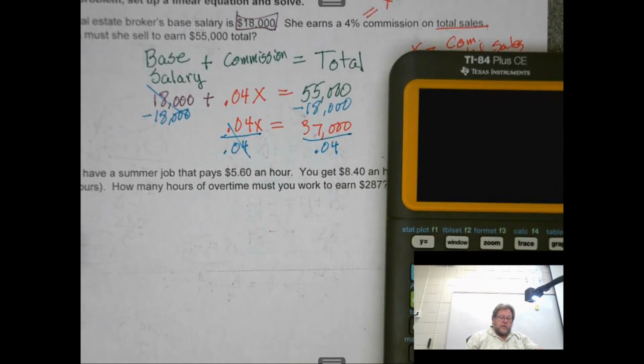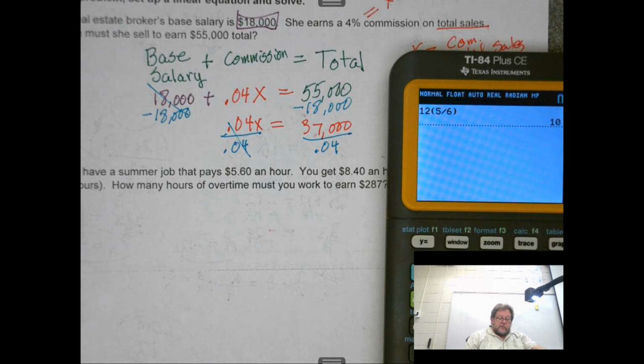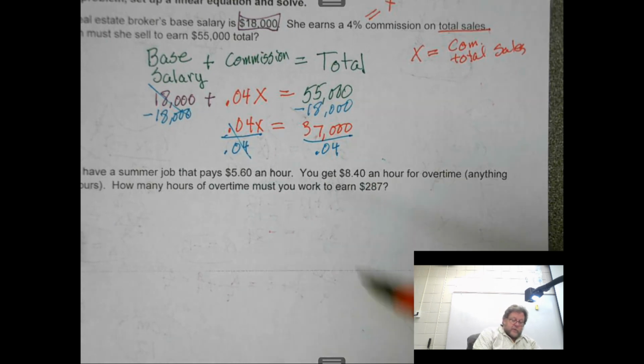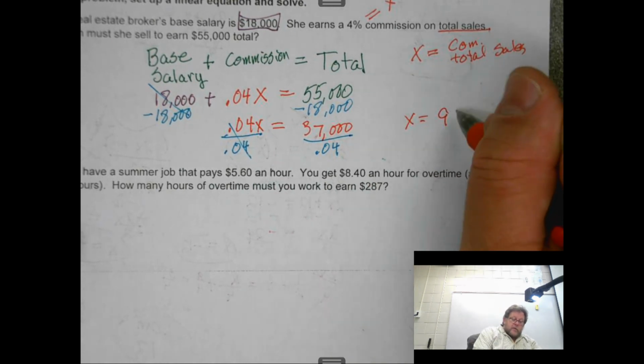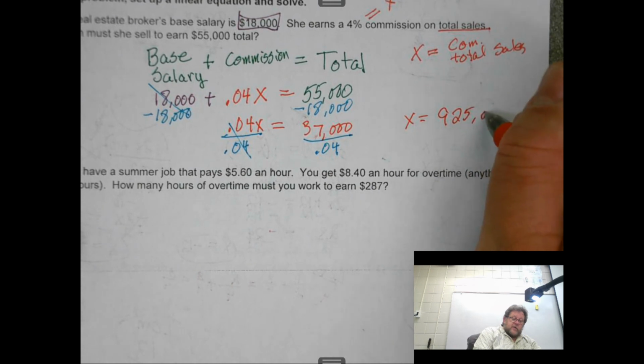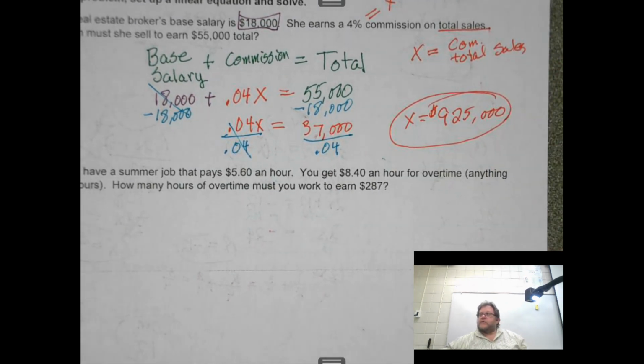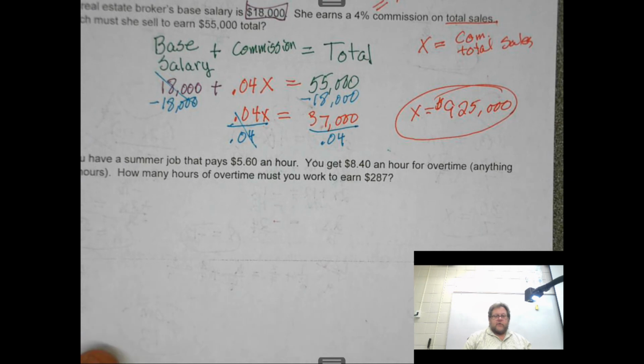And the last one, you have a summer job that pays $5.60 an hour. You get $8.40 an hour for overtime, anything over 40. So how many hours of overtime must you work? So let's do another verbal model. Your regular hours plus your overtime hours is going to equal your total pay.